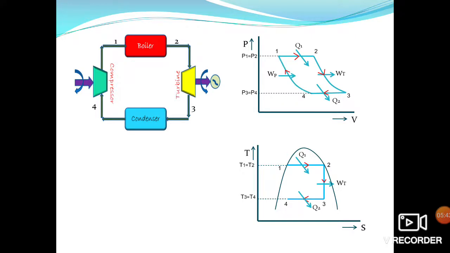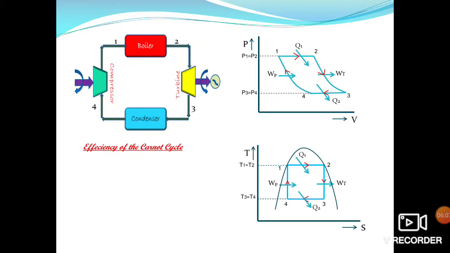Whereas in TS diagram, as it is at constant entropy, it will be a straight line. Thus, there are 4 processes carried out in Carnot cycle: isothermal expansion, isentropic expansion, then isothermal compression and isentropic compression.